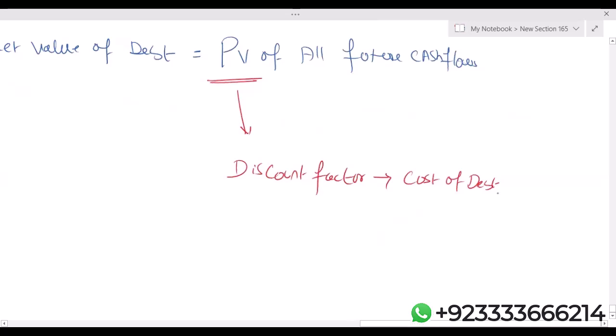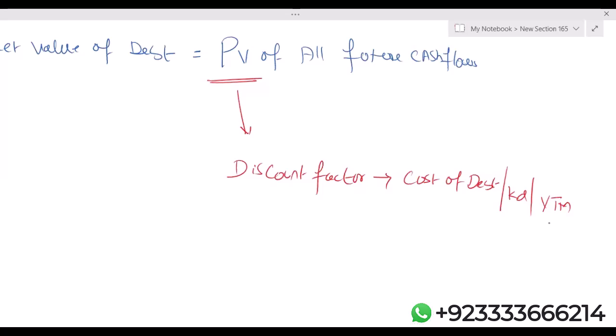Cost of debt means KD. KD means, if you recall the previous class, YTM, and I did mention many times, in AFM, the first priority is YTM. So logically, for market value of debt equal to present value of all future cash flows, we need a discount factor, and the discount factor will be cost of debt, KD, that is YTM, yield to maturity.